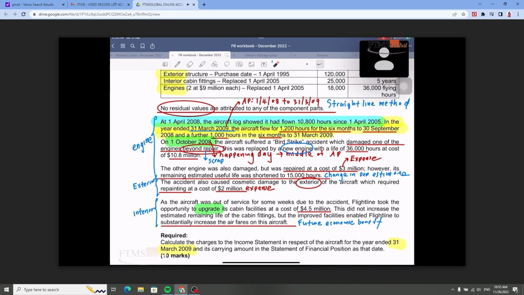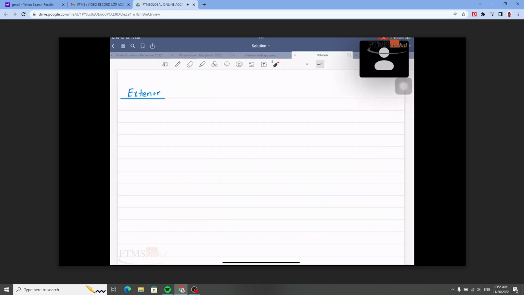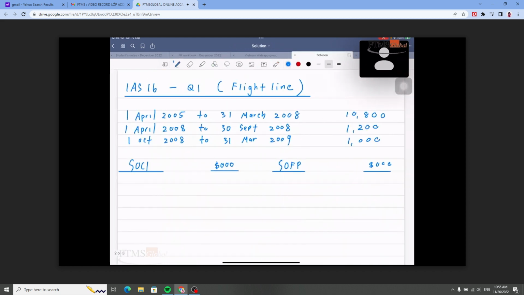So I put here, in P&L, I will have a repainting of 2 million. Expense of exterior.